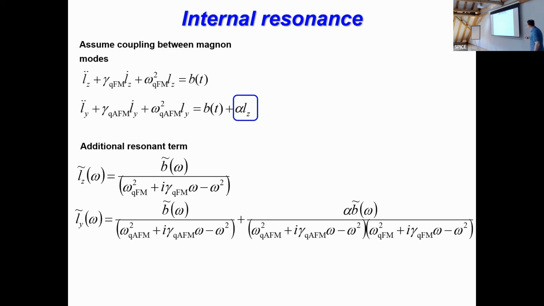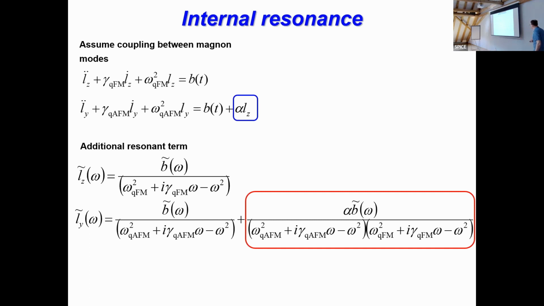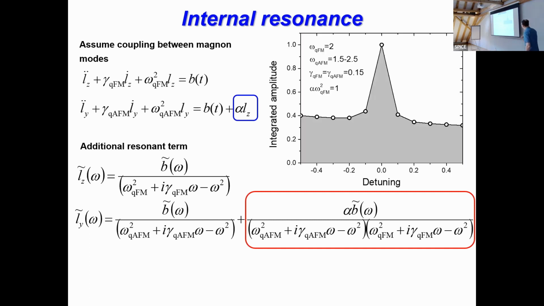This will lead to the appearance of an additional term in the response in the frequency domain, which will peak when the frequencies of the modes become equal. For some indicative parameters, I can plot this integrated response. And again, here you see the detuning between the frequencies, and there will be a peak in the solution.